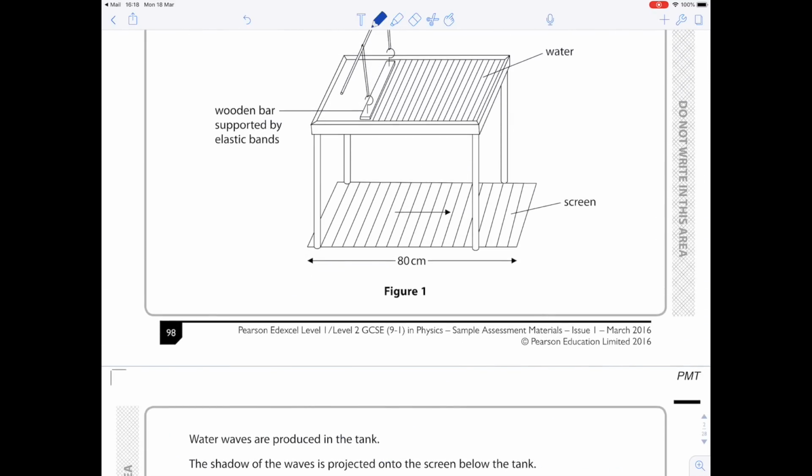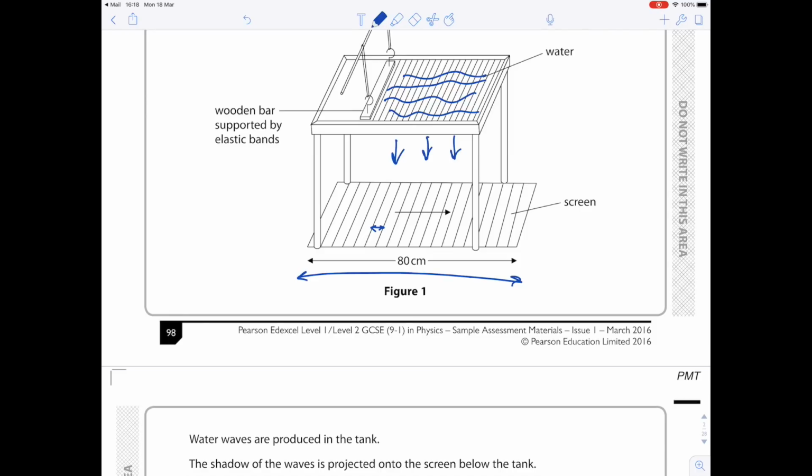So let's have a look, we can see that this length here is 80 centimetres. And so the wavelength is really the distance between the two wave fronts here. So effectively you need to count how many waves you can see. And don't forget, the water waves are obviously occurring up here, but their waves are being projected onto the screen below, which is fine for us to use the screen here.